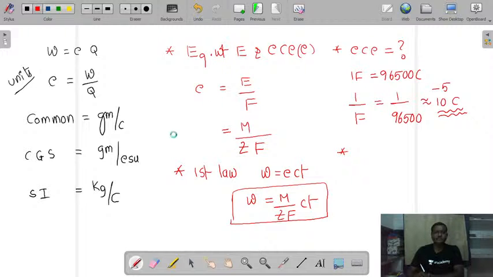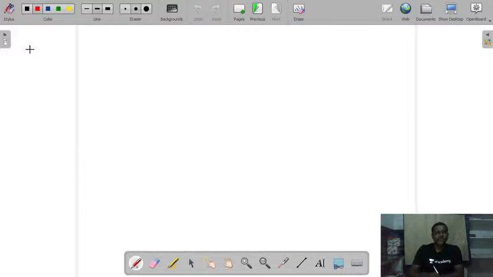Next one. What is the relation between quantity of current and weight of the element deposited at respective electrodes? If we take a table: first one, name of the element. Second one, gram atomic weight.